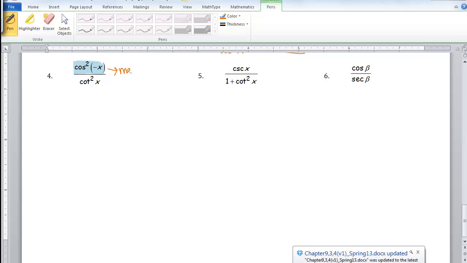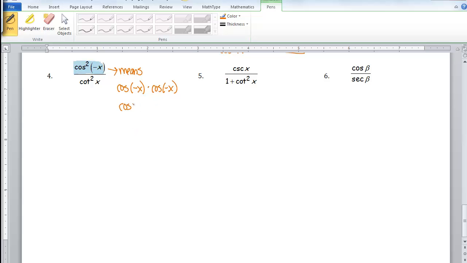And what that means, if I square something, is I'm multiplying the cosine of negative x times the cosine of negative x. If I simplify both of those negative angle identities separately, cosine of a negative angle happens to be another positive function. And so I'm still going to get cosine times cosine, which is just cosine squared.